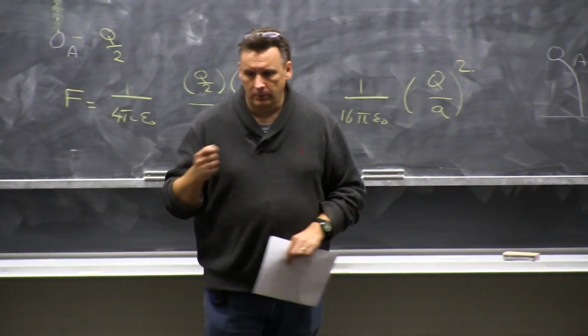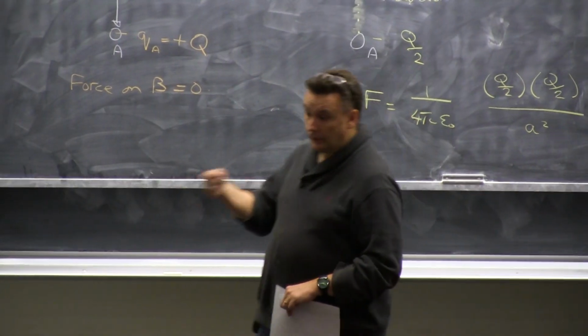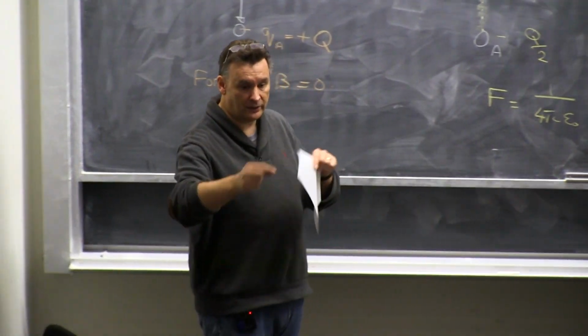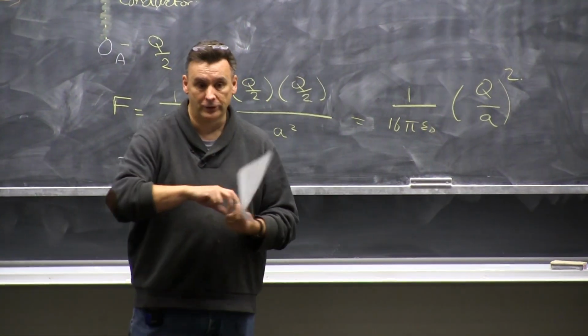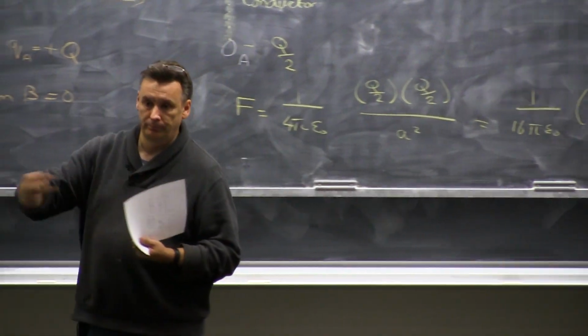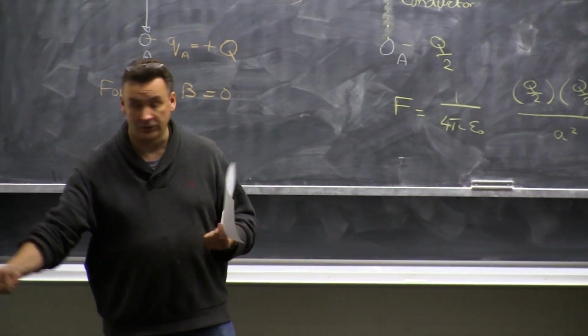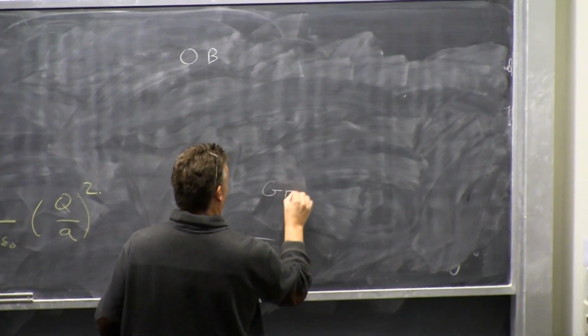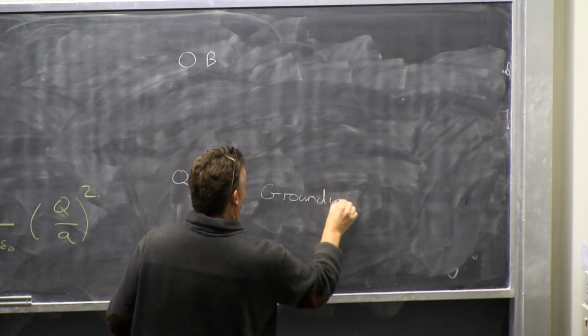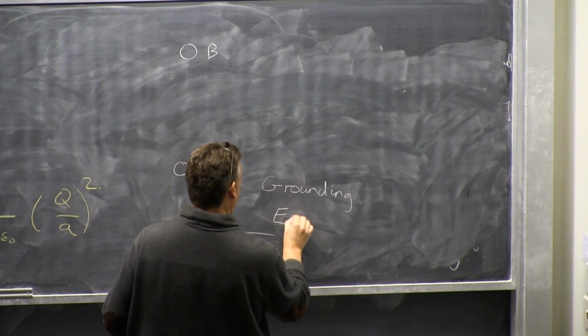So when you see the terms grounding or earth, it means I'm connecting something to basically a sea of electrons, and I'm essentially pushing my negative or positive charges into there, and this becomes a charge of 0. So this is called grounding or earthing.